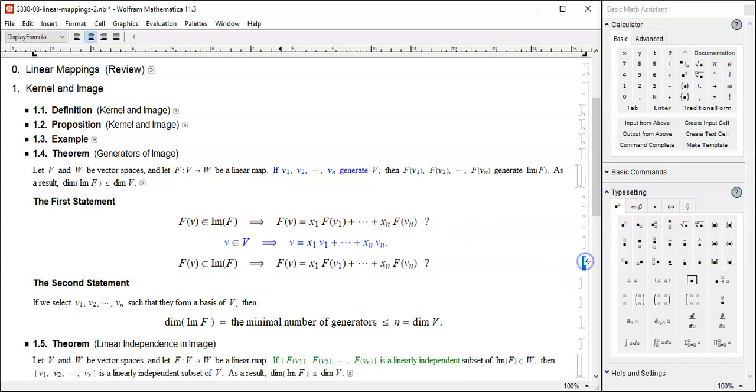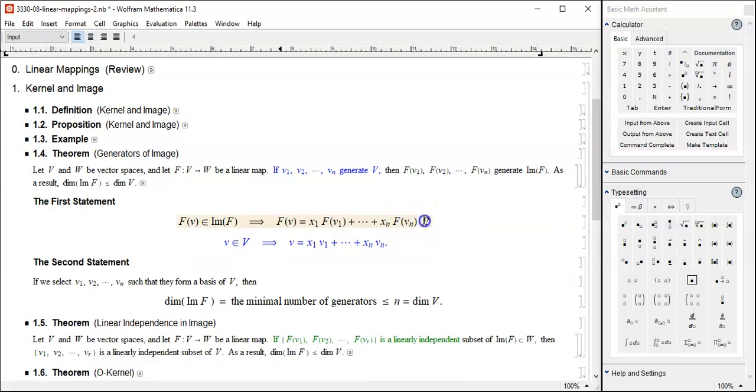So let's go back. This is what we want to prove. Select an arbitrary element from the image space. Can that arbitrary element, f of v, be written as a linear combination of these guys, f of v1, f of v2, all the way over to f of vn? That's what this is all about.